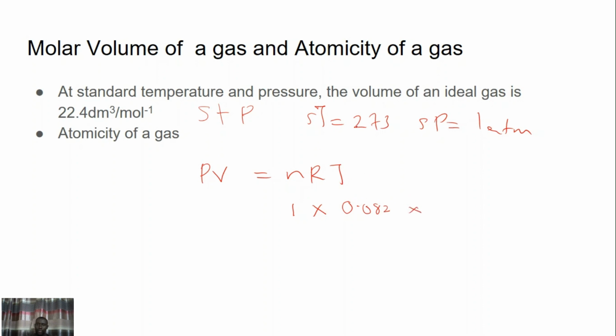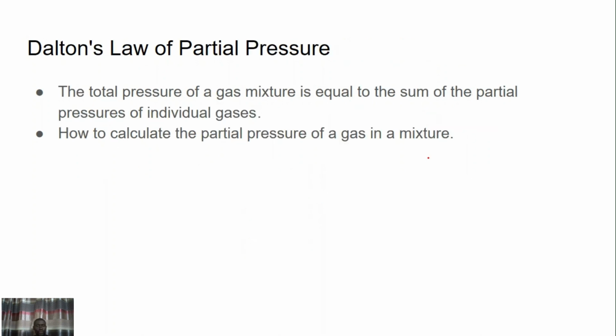Times the standard temperature, which is 273, is equal to V at 1 atm, which is the standard pressure. If you evaluate this equation, this V will give you 22.4, with this unit.